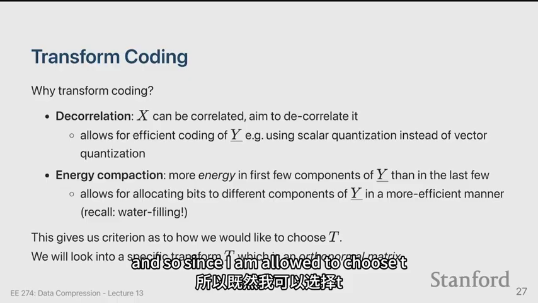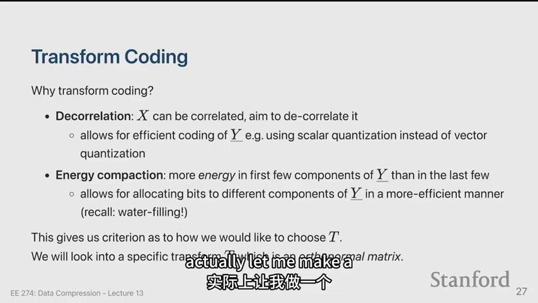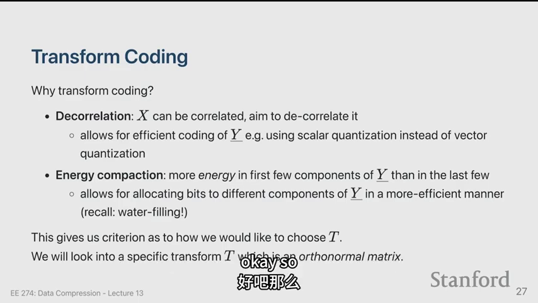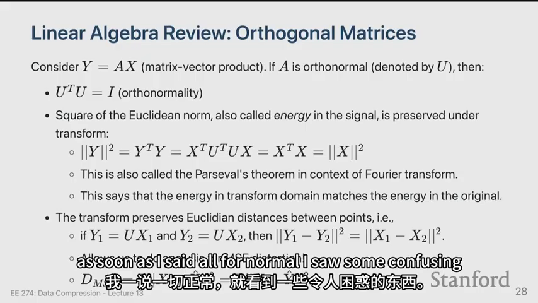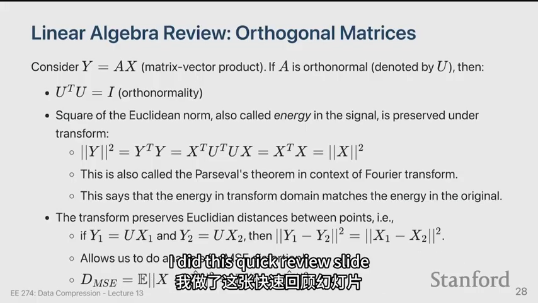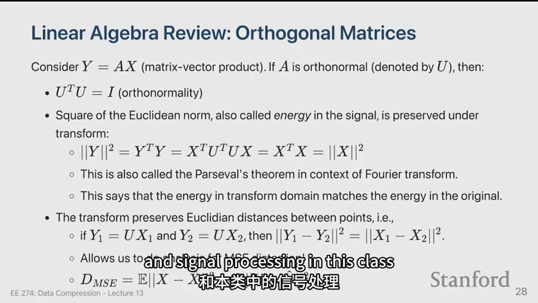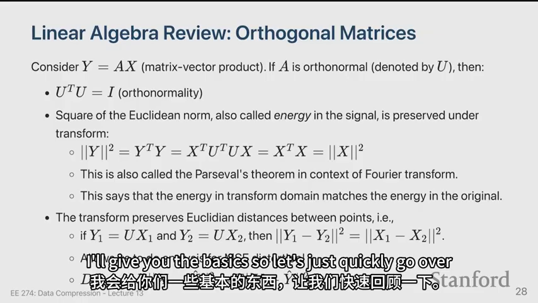And since I am allowed to choose T, my first assumption was that T is linear. Actually, let me make an even stronger assumption, that T is an orthonormal matrix. Okay? As soon as I said orthonormal, I saw some confusing cases, so I'm happy I did this quick review slide. We are going to use a bit of linear algebra and signal processing in this class, like we have been doing. We'll give you the basics.